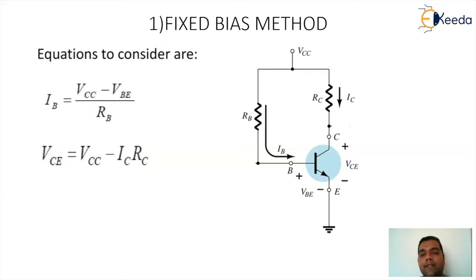On similar lines, VCE is VC minus VE, and since the emitter voltage is 0, VCE becomes equal to VC. The third terminal, since it is grounded, has a voltage value of 0.